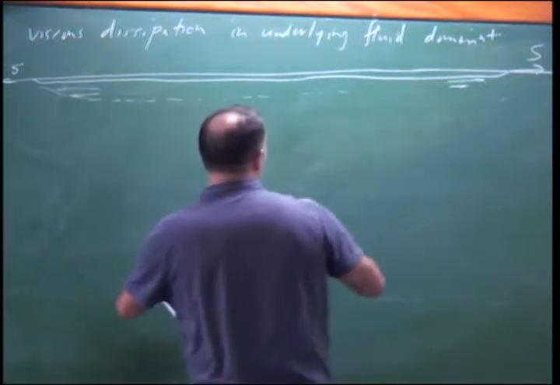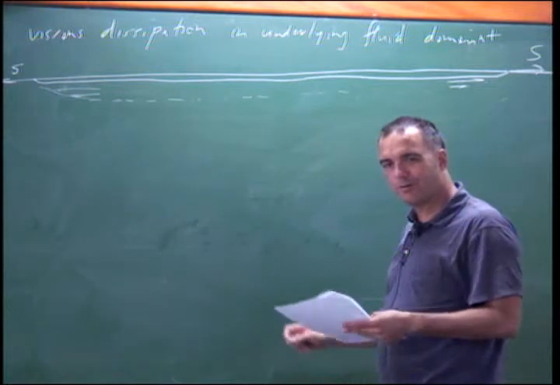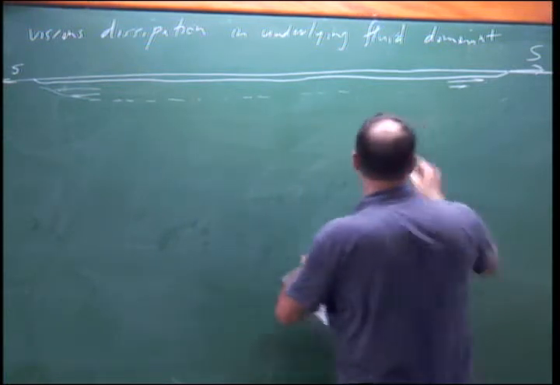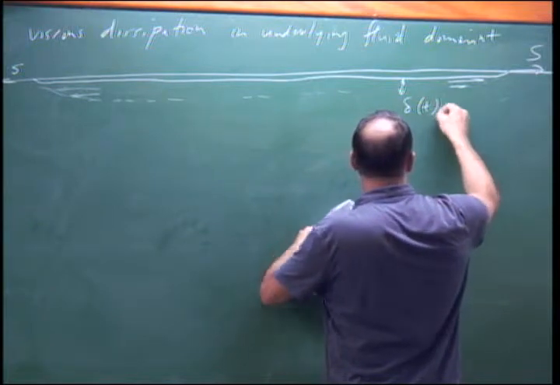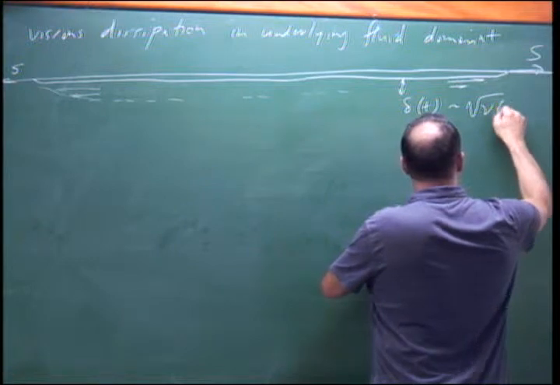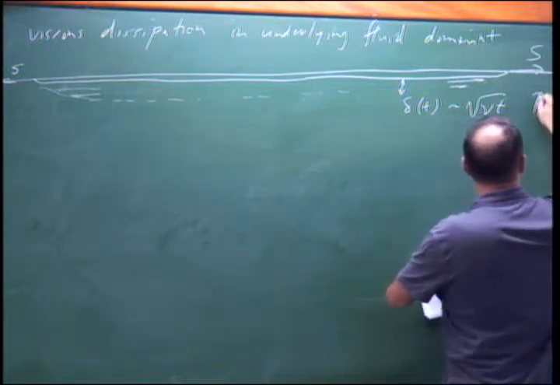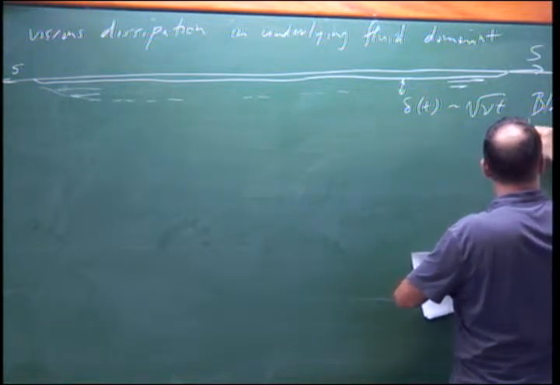This boundary layer, I think we've seen this before, the Blasius boundary layer, grows like the square root of time. Let's call this delta of t, the boundary layer thickness, which goes like the square root of nu t. So that's the Blasius boundary layer.